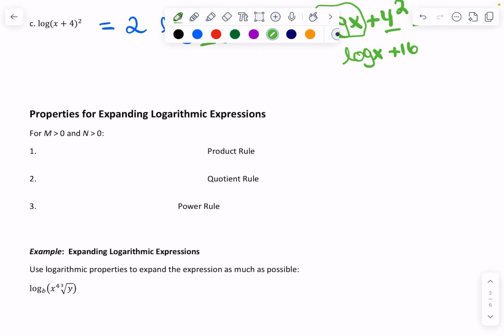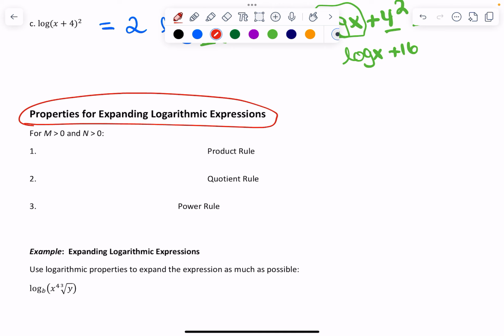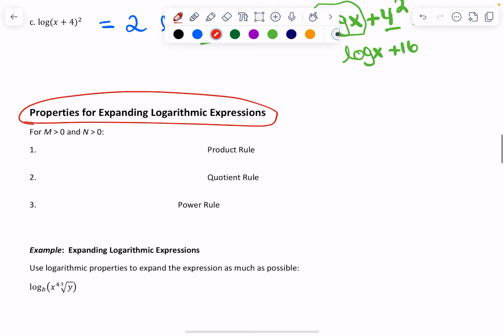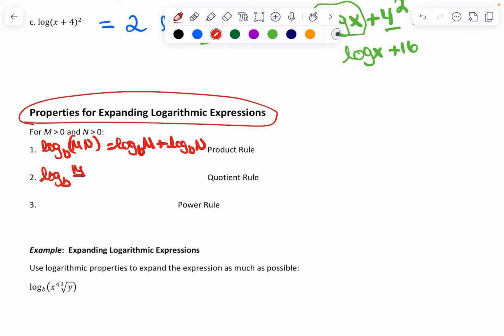Okay, so let's combine the properties for expanding log expressions here. Here m and n are greater than 0. Our product rule is log base b of m times n equals log base b of m plus log base b of n. The quotient rule is log base b of m divided by n.